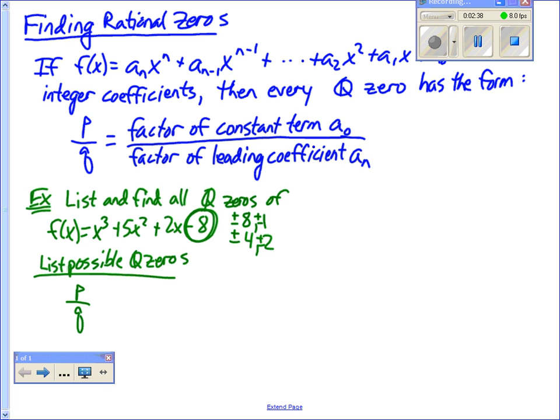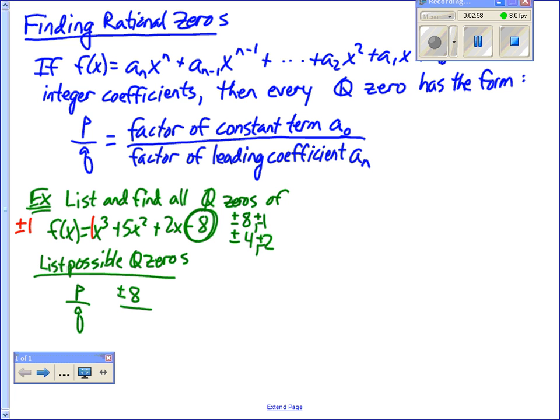So the factors on the top are going to be plus minus 8 over, and then we're going to think about the factors for the leading coefficient. Well, what's the leading coefficient that I'm going to draw here in red? Leading coefficient's 1. So the only factors are 1 and 1, right? So plus minus 1. 1 times 1 is 1, right?